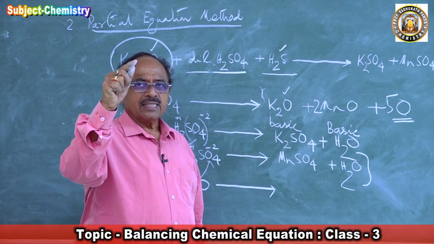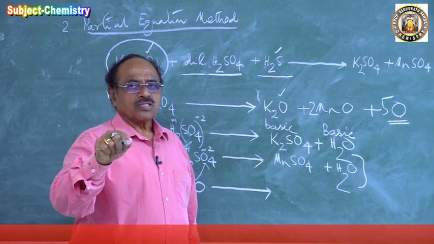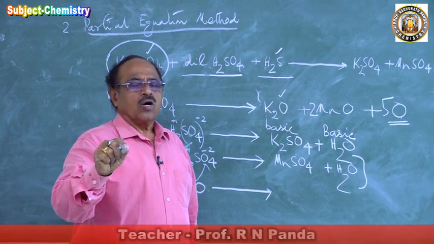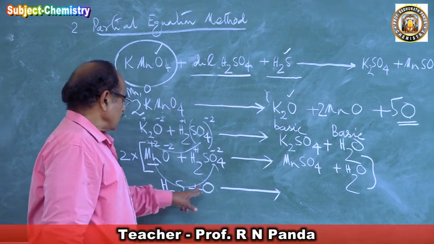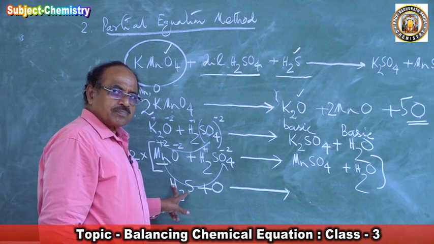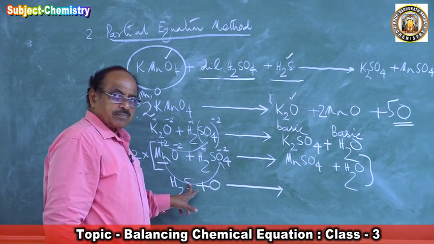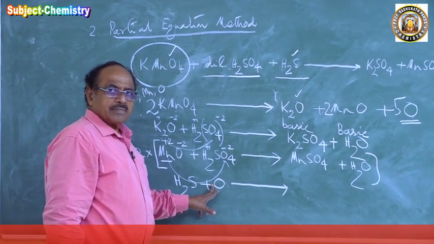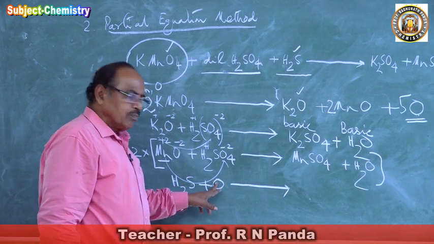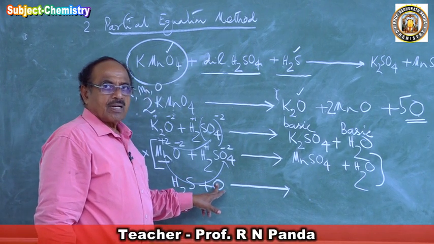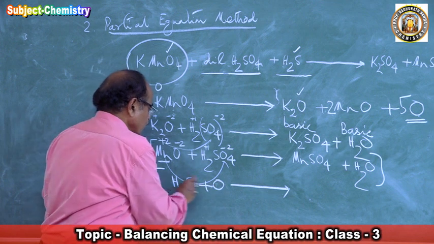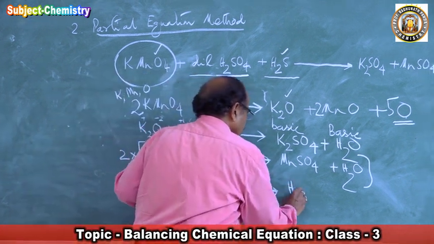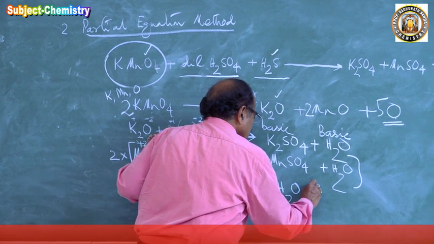First is oxygen, then sulfur. So oxygen is more negative than sulfur. Here hydrogen is positive, sulfur is negative, oxygen is negative. So hydrogen will prefer whom? Oxygen. So H2O will form, H2O plus sulfur.